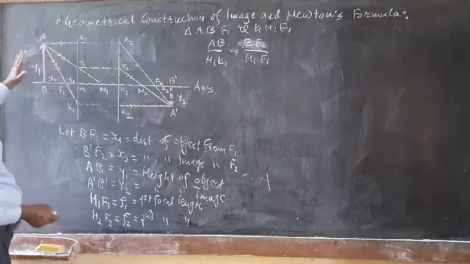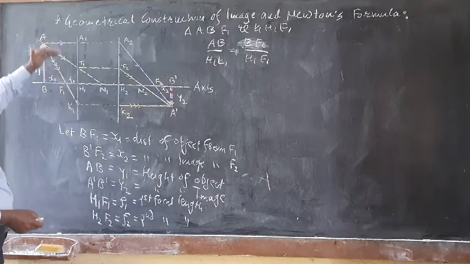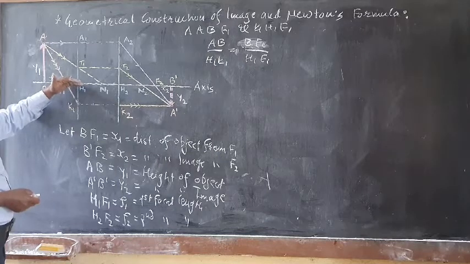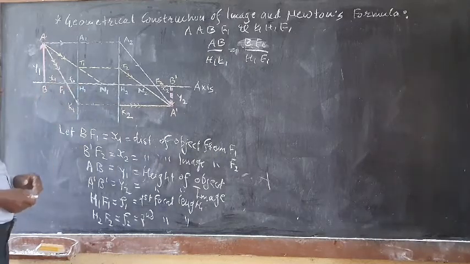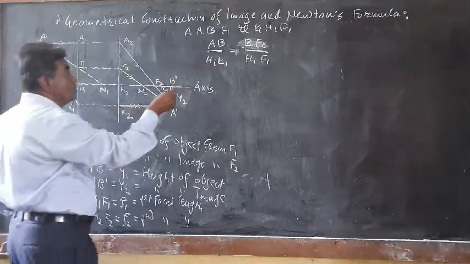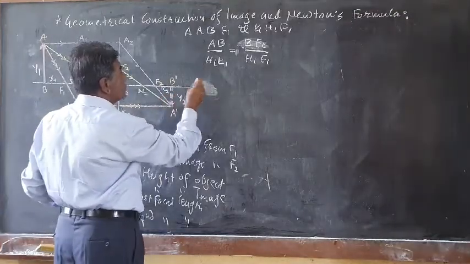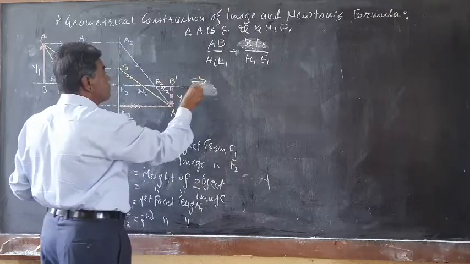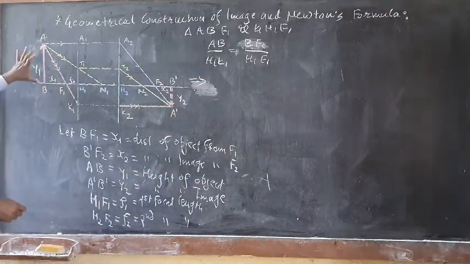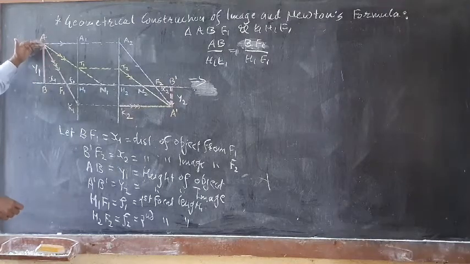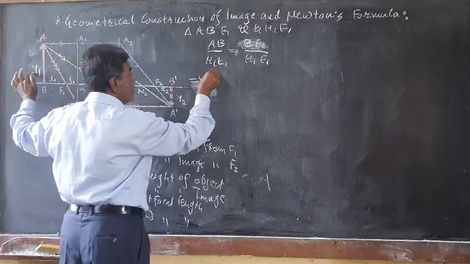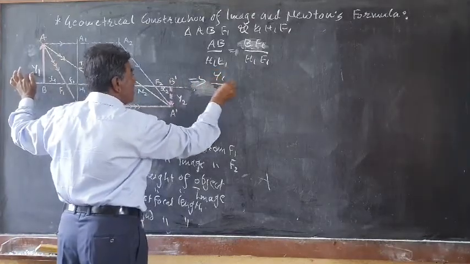The distances above the principal axis can be taken as positive, while the distances below the principal axis can be taken as negative according to the sign conventions. So we can apply the sign conventions. This comes out to be AB is nothing but y1, and this y1 distance is measured above the principal axis, so it is positive.